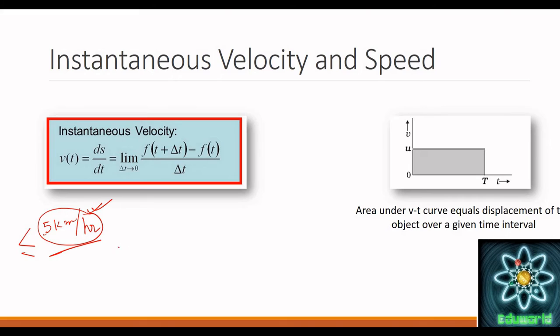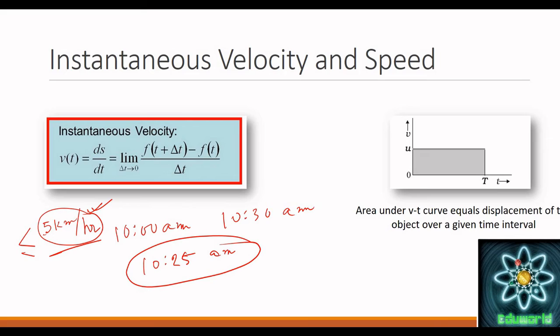That means, say you are moving from your home to school, and you started your journey from home at 10 a.m. and you reached your school at 10:30 a.m. So someone asked you what was your velocity at 10:25 a.m. So at that instant, what was the velocity? This is the instantaneous velocity. And to get the instantaneous velocity, we will take the time 10:25.